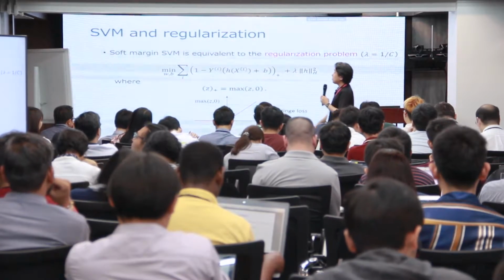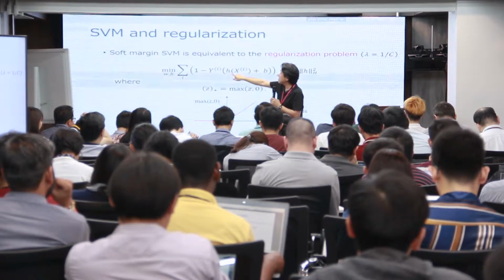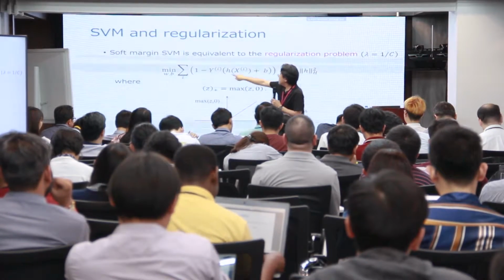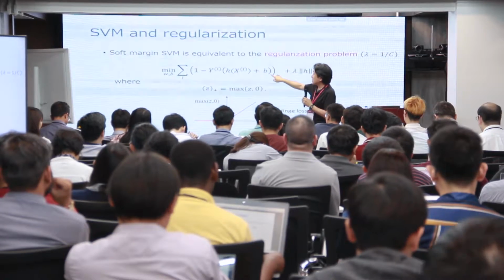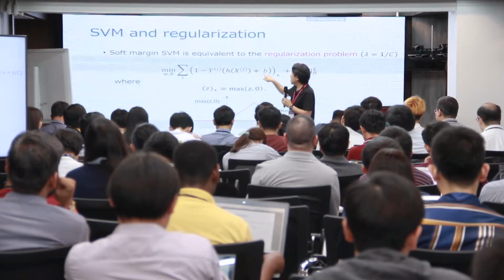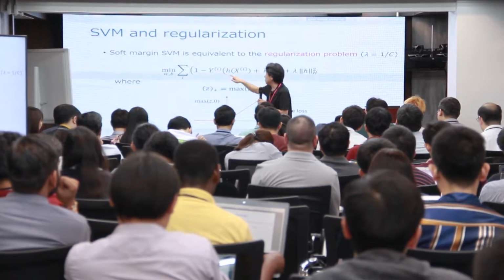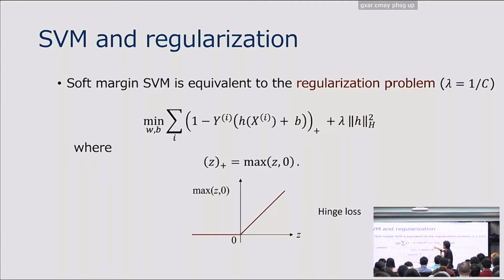We have some nonlinear function given by the function space, the feature space, and this part gives the value at this data point xi. If the sign of this value is equal to the sign of yi, plus 1 or minus 1, then that point is correctly classified, right?